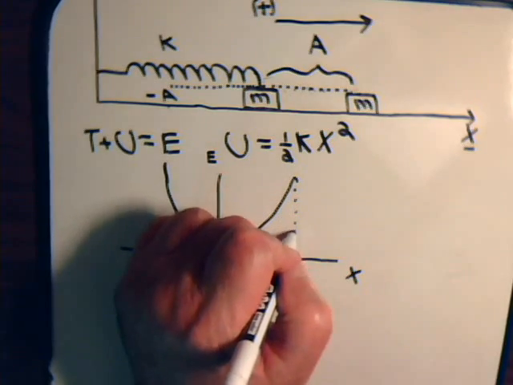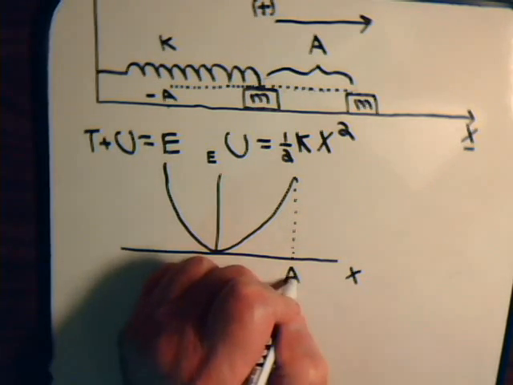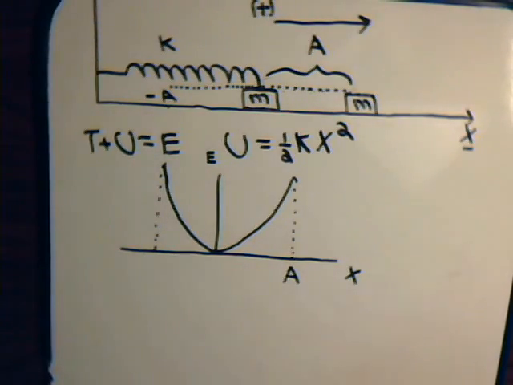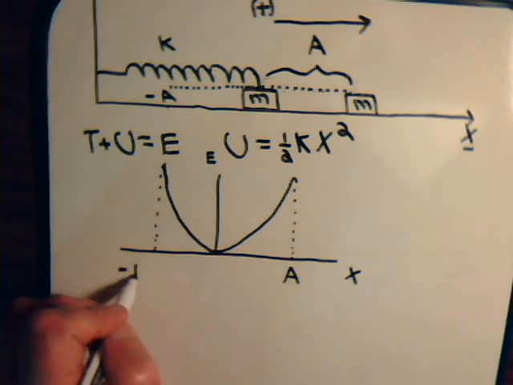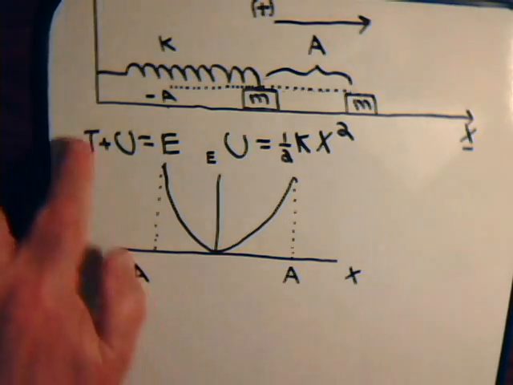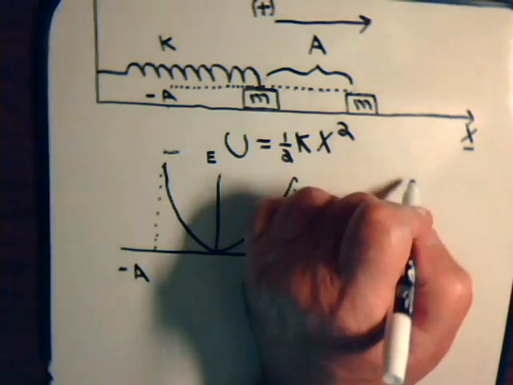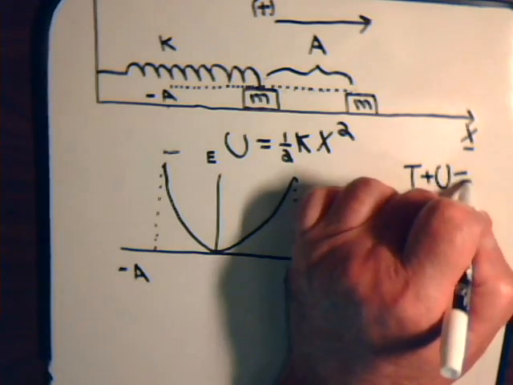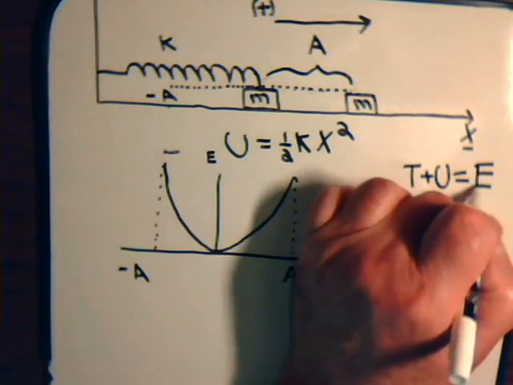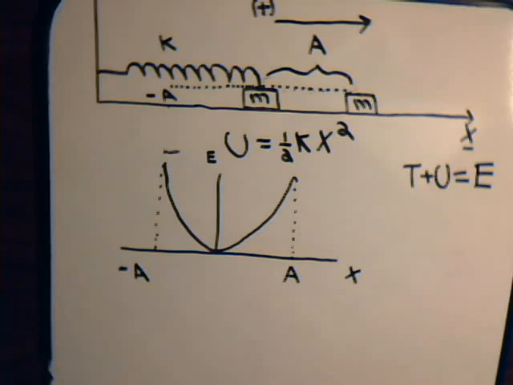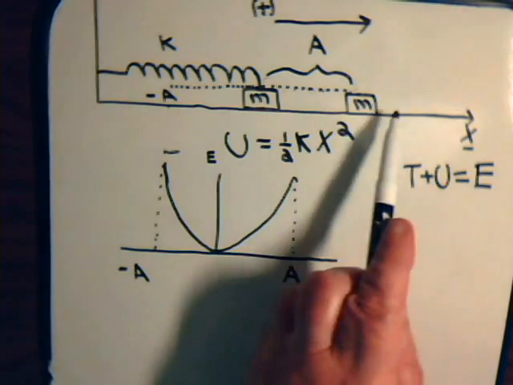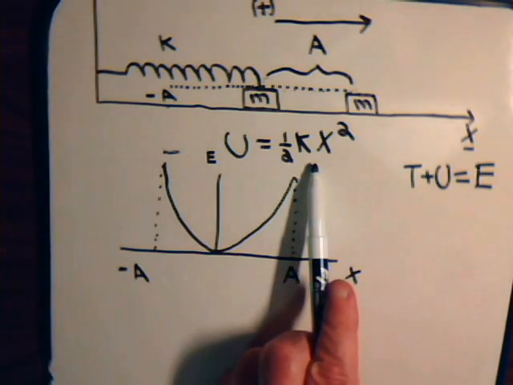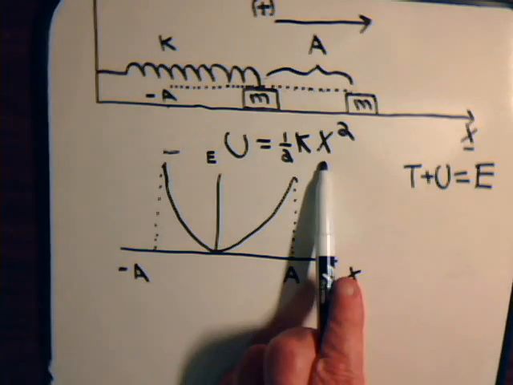where this is A, the maximum amplitude, and over here this would be minus A. And let's consider this for a moment, where we have T plus U equals E. Now, obviously, as we pull the spring out further and further, or compress it more and more, the potential energy is going to keep increasing because of this x term.